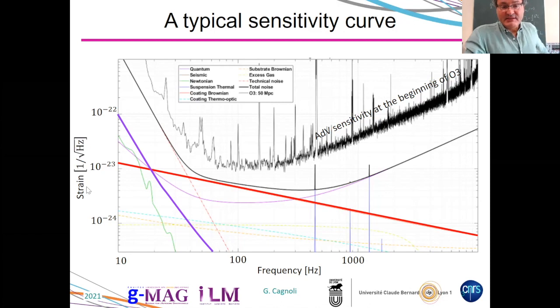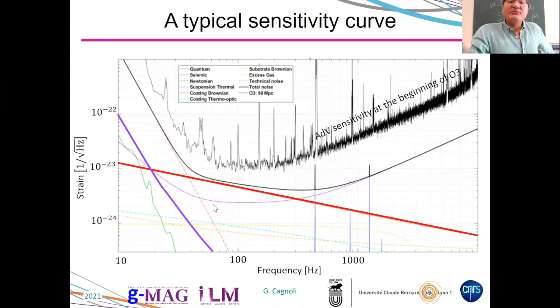Well, the strain is exactly the square root of the power spectral density of the noise that you calculate or measure on h. So the power spectral density on h has the dimension 1 over hertz, and the amplitude spectral noise is just the square root of it.